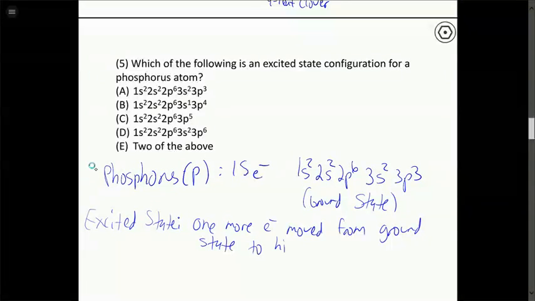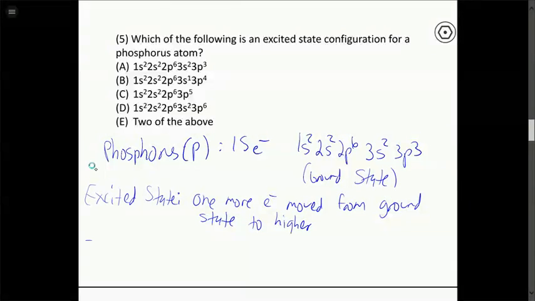Now we still have to follow the rules, well, not necessarily Hund's rule anymore, but the Pauli exclusion principle has to be followed. So we can't put 3 electrons in an orbital in an excited state. We still have to follow the rules for quantum numbers, but we're going to take one of these electrons and move it up to a higher orbital that's not already filled. So that's what we're doing for an excited state.